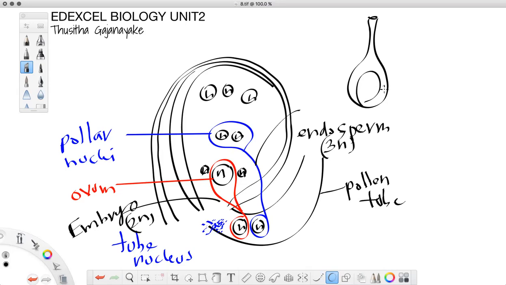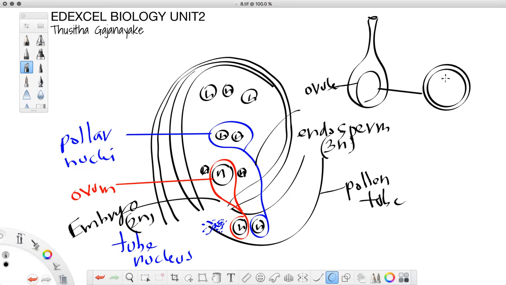So what we can see after the fertilization and the rest of the growth, this ovule structure makes the seed coat. So this represents the ovule part.